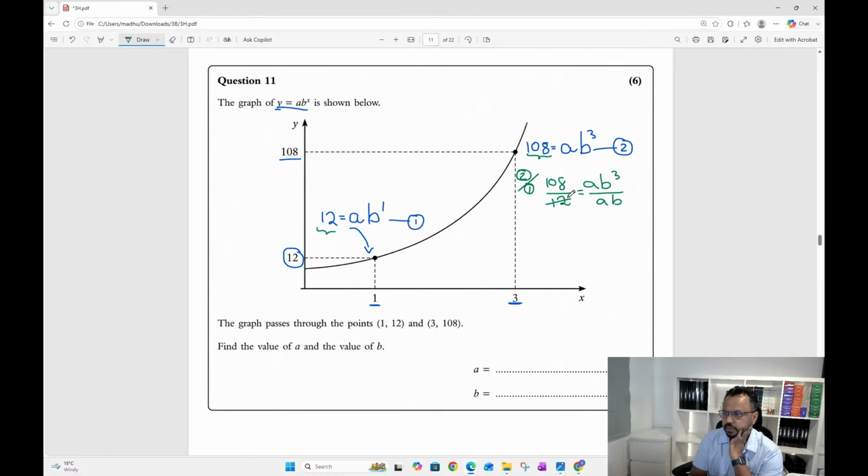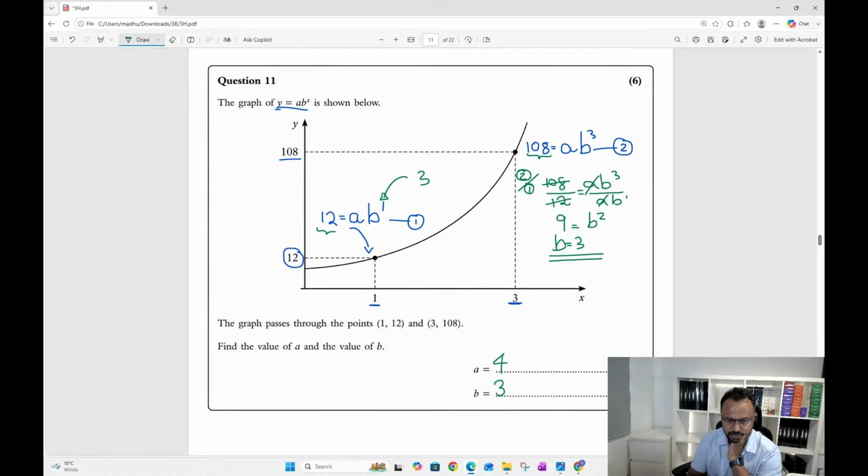Now, that is 9 is equal to, this and this get cancelled out. b cubed divided by b is b squared. If b squared is 9, b is 3, isn't it? Now put 3 here. a times 3 is 12, so a is 4. So a is 4, b is 3. Done and dusted. That's it.